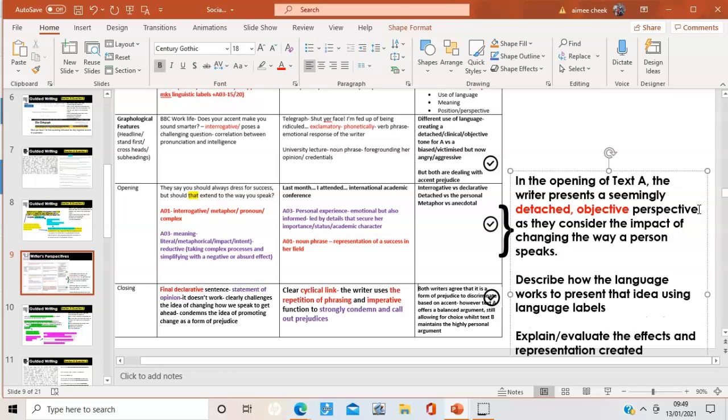So there's my I. Now, we could have made that much more concise. Sometimes, within these paragraphs, the different elements can have different balance. Sometimes your discussion of a perspective can be extended. Sometimes it can be very short and succinct. So, tick, I've done my I.